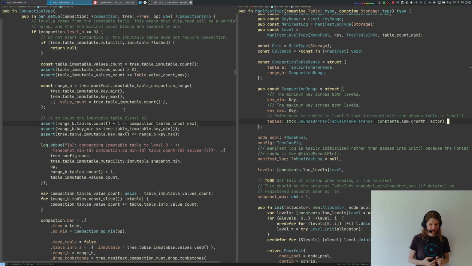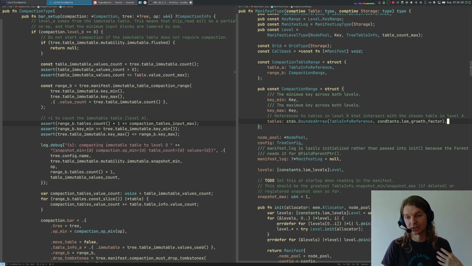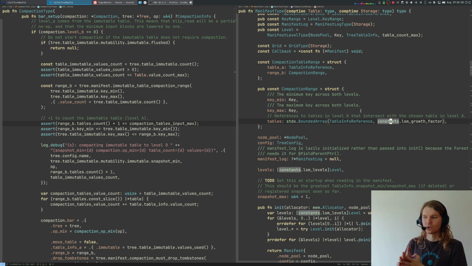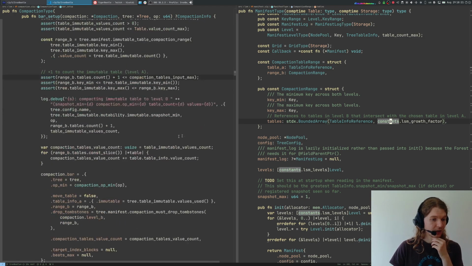And because in both levels tables are disjoint, you are guaranteed to find a table which you can sink in the level down, which intersects with at most the growth factor tables. So if we pick the table which intersects the smallest number of tables, then the worst case number of tables we could get is this LSM growth factor. And for coalescing, we just optimistically extend it.